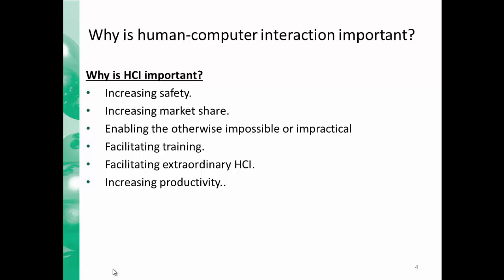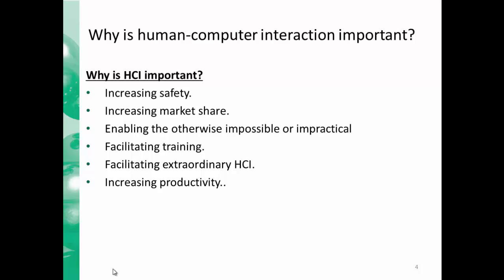We facilitate extraordinary HCIs, and what we mean by extraordinary is special human-computer interaction user interfaces. Special in that they will be used by special needs people who cannot possibly use their hands, or people who are blind, or have any type of disability.